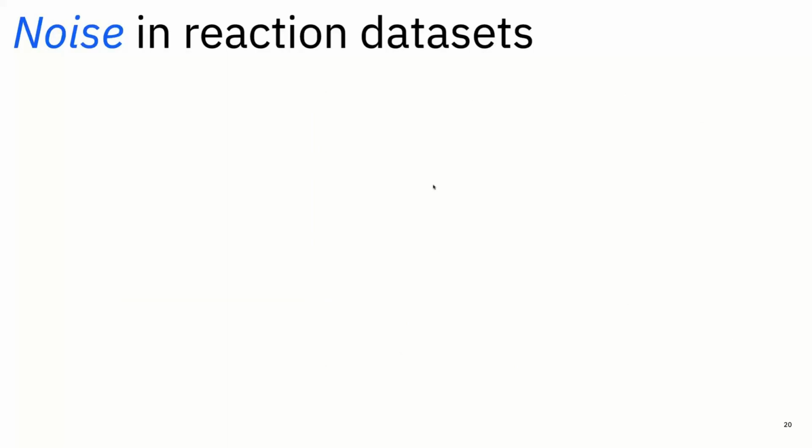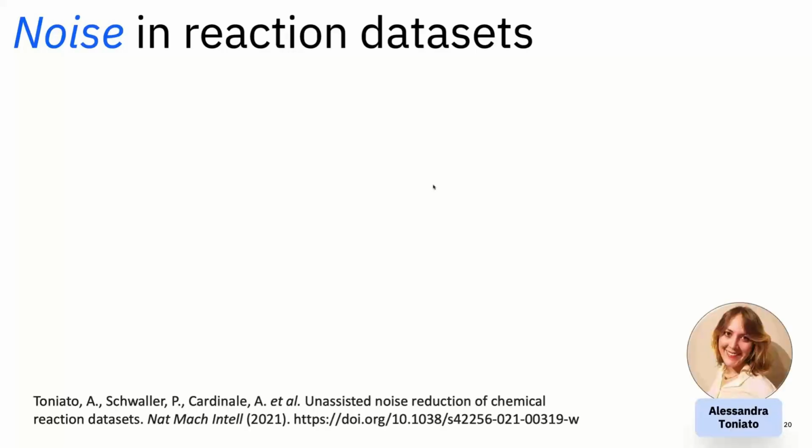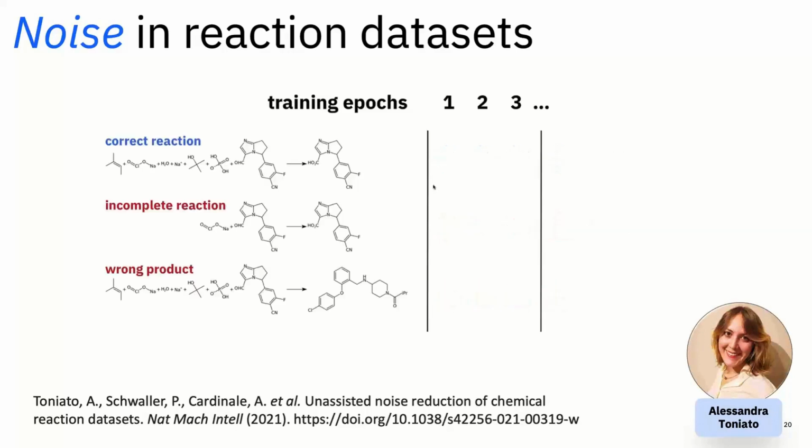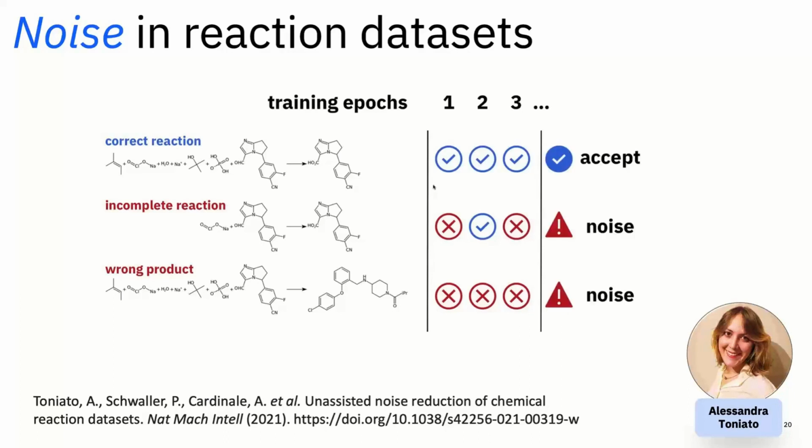One thing that is always a challenge when we work with chemical reactions is the errors in the data sets. Here I just want to point you to Alessandra's amazing work, where she developed a method to automatically clean chemical reaction data sets using forgetting events.